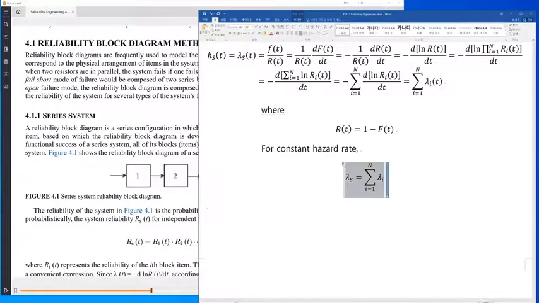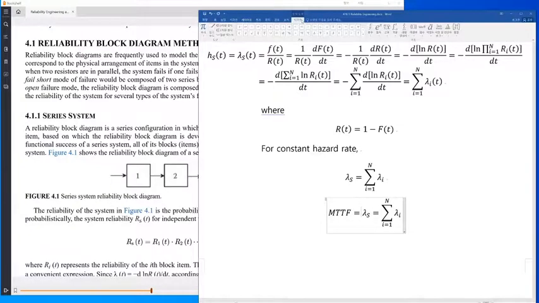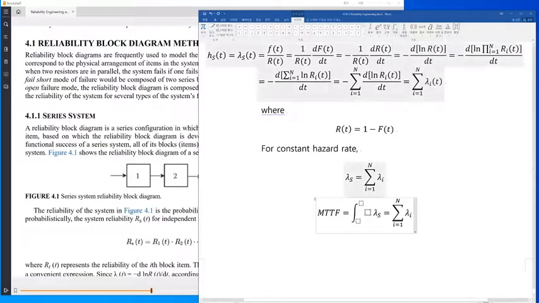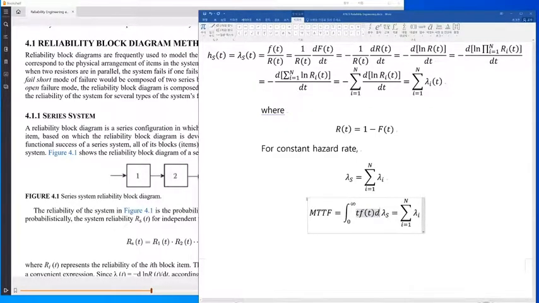If the hazard rate is given, we are able to calculate the mean time to failure. Of course, the definition of the mean time to failure is the integration from 0 to infinity of time multiplied by f(t) dt.